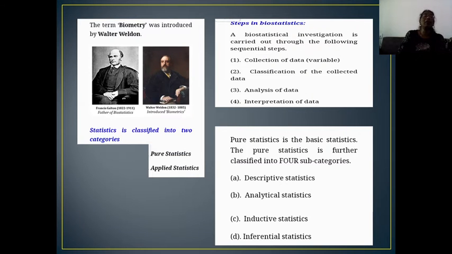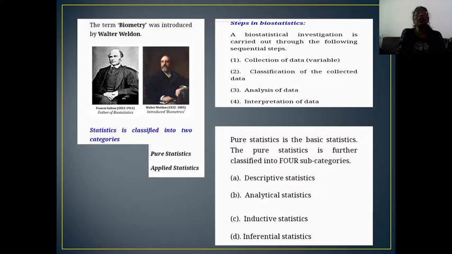These are the two scientists, Francis Galton and the second scientist, Weldon. Weldon used the term biometry for biostatistics. There are four steps of biostatistics.